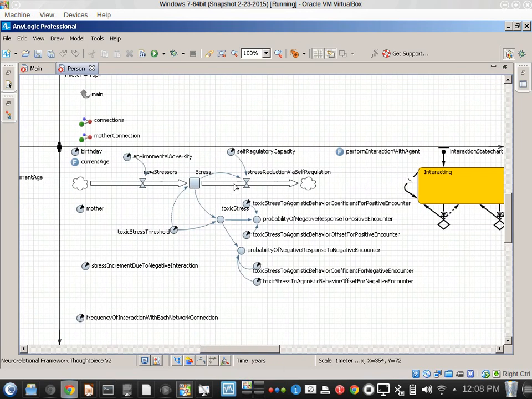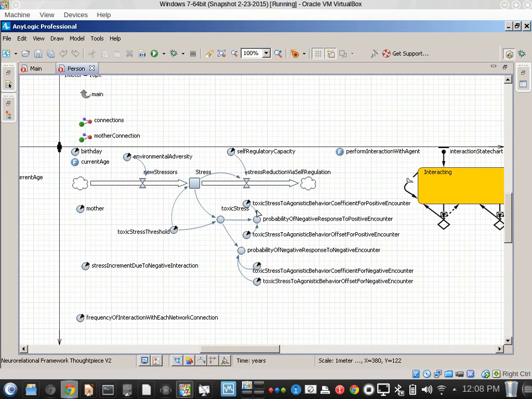But here we actually see a system dynamics diagram. This is this software's way of representing stocks, flows, new stressors, and so on. So here each individual has a system dynamics diagram which is governing some of their interactions, and they're also evolving according to state charts.